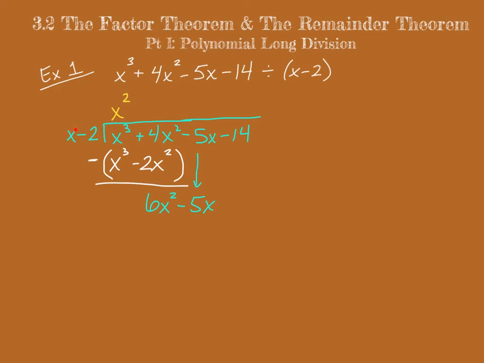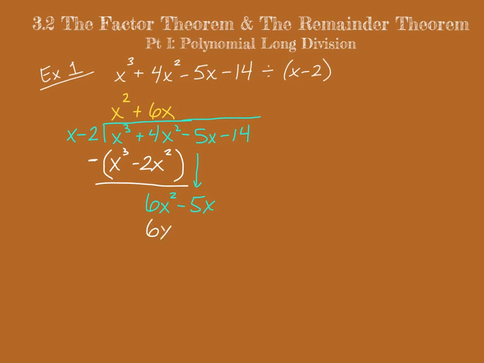So we're going to say x times what will get us into 6x squared. All right, so x times what multiplies to give us 6x squared? 6x. So we're going to put a plus 6x up here. Then we're going to multiply the 6x through our divisor. 6x times x gets us back to 6x squared, and it should.